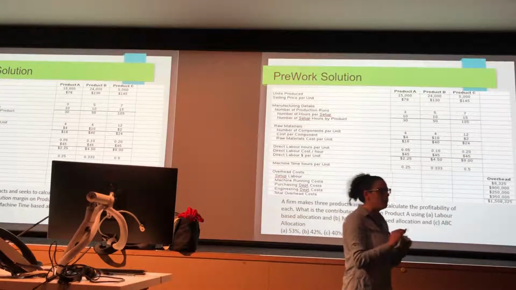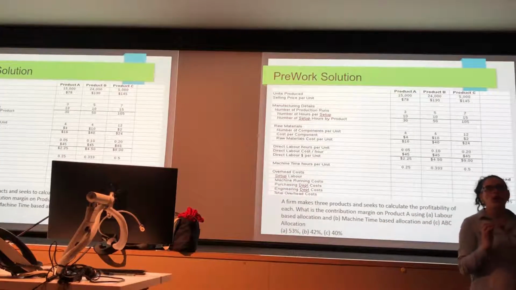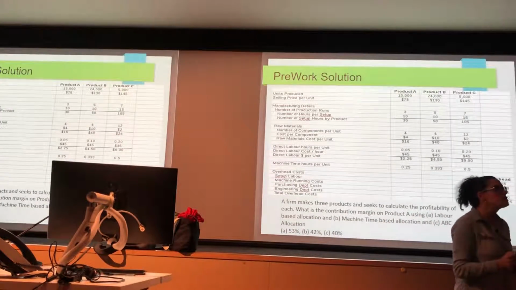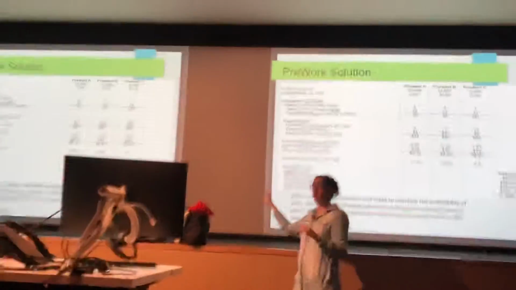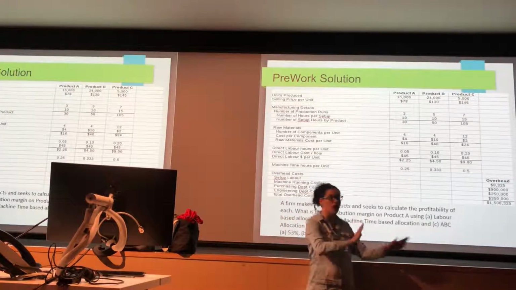It looks at every category of overhead expense and asks what could be a potential driver of this expense. With the other two, we just took 1.5 mil and allocated out the bucket.